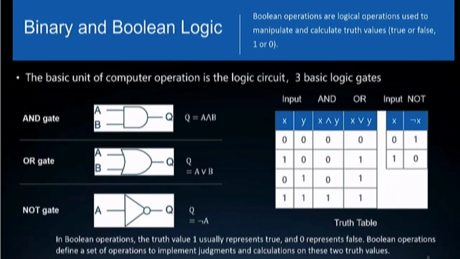Here, the Boolean operations are logic operations used to manipulate and calculate truth values. The basic unit of computer operation is the logic gate. Here is the truth table for 3 basic logic gates.